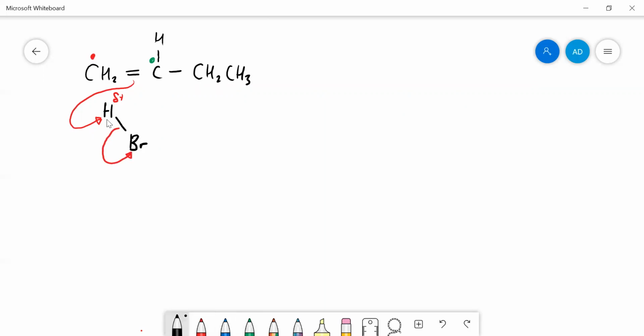So let's draw this intermediate. So we've got CH3 now, because the hydrogen is attached to it. We've got an H, CH2, CH3, and we've got Br minus here.